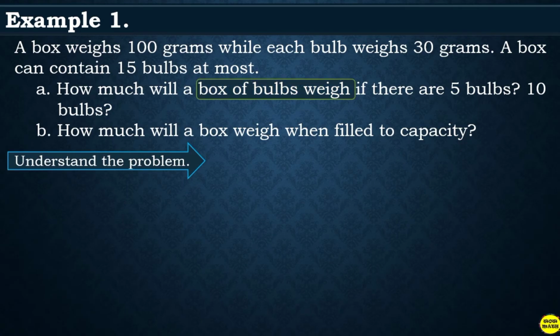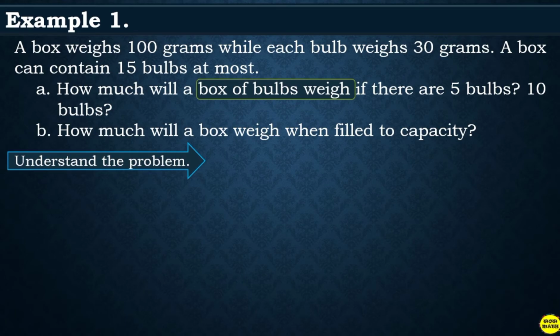So, ang hinahanap sa atin ay how much will a box of bulbs weigh. So, gaano kabigat o ano ang timbang nung box na yon kung meron siyang 5 bulbs, at kung meron siyang 10 bulbs. So, ang una nating gagawin, i-highlight natin yung given.